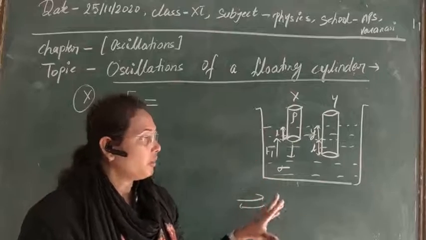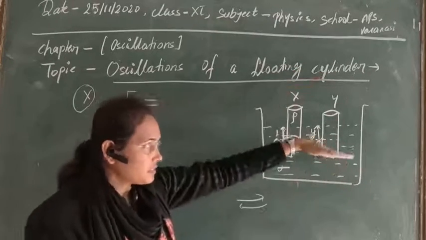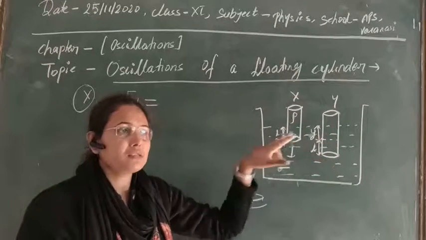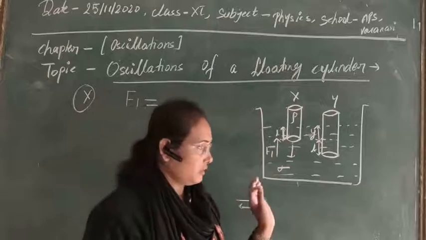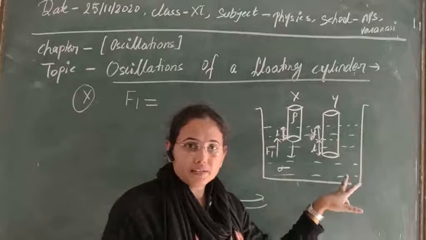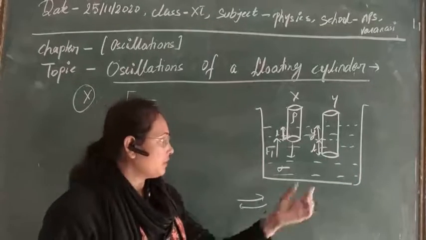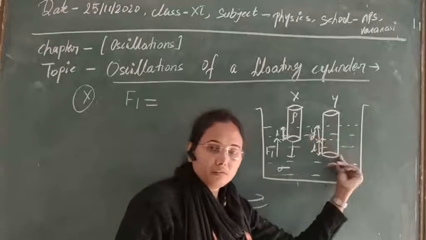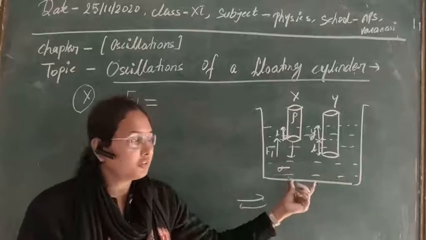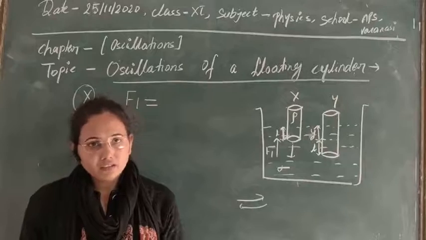Now to perform the oscillation, suppose we displace this cylinder, or we just dip it by some amount y. Now we have done some displacement in this floating cylinder, and due to that displacement, obviously a greater amount of water will be displaced from here, and so a greater buoyancy force will act on the system.